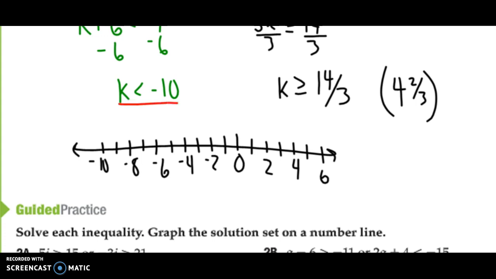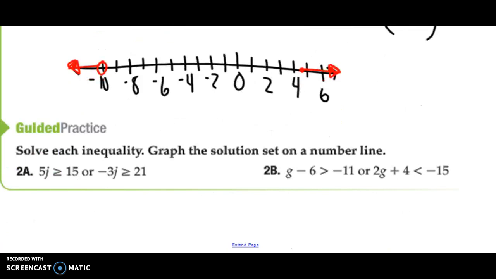If I look at my first one, k is less than -10, so it's an open circle at -10 going to the left. k is greater than or equal to 14 thirds, so that's going to be right there, closed circle, and going the other way. You'll notice when I graph it, it looks like I have my boat oars going out in opposite directions.